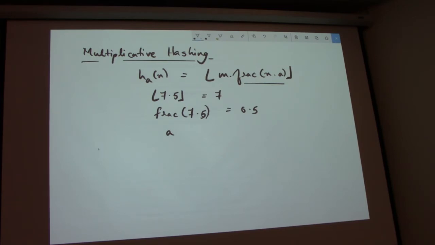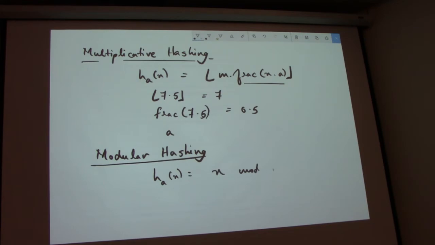So there's another way in which you can create hash functions. That's called modular hashing. So here, H_a of x is equal to x mod a. This is a number theory concept, and does anybody know what this means?